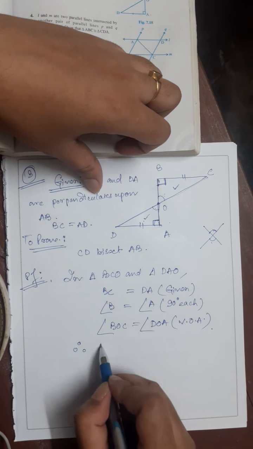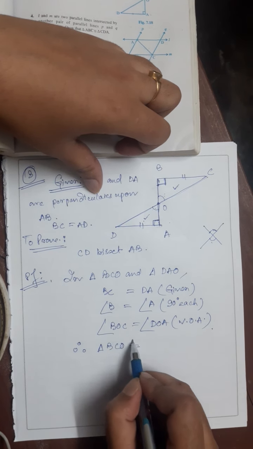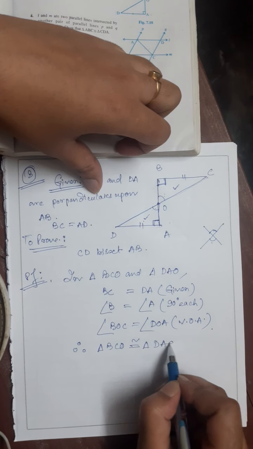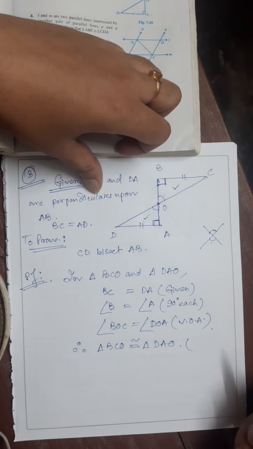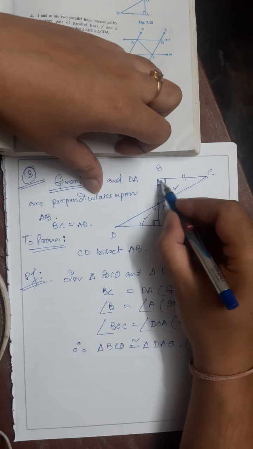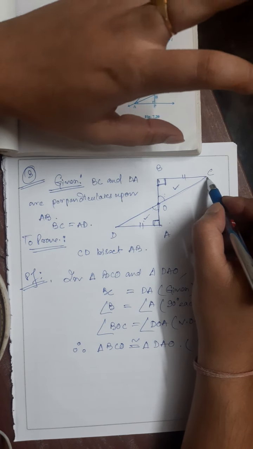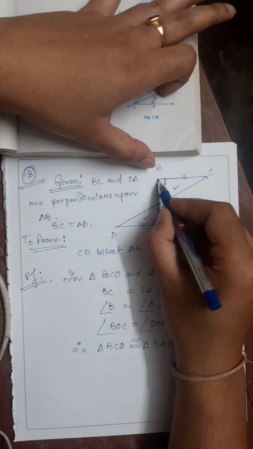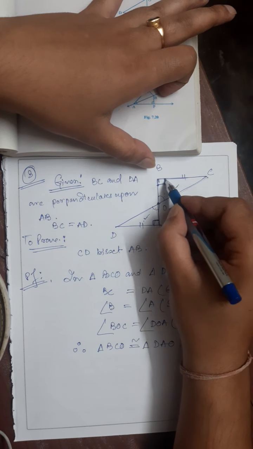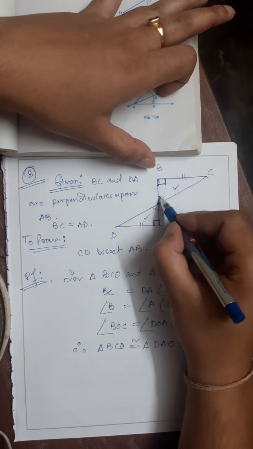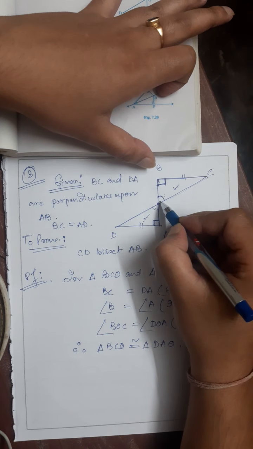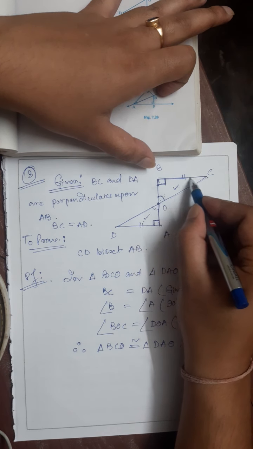So therefore triangle BCO is congruent to triangle DAO by which criteria? So now we have to take one triangle and see which parts we have taken. Here we have taken BC, this is a side. Here we have taken an angle, and here also we have taken an angle. So after two angles, this side has come.